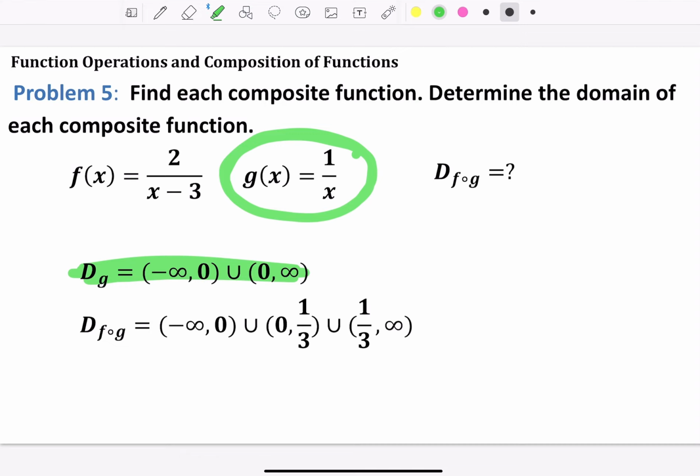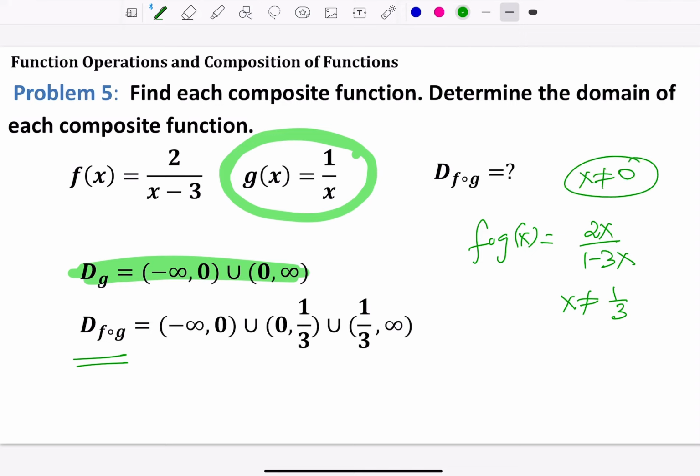Now f of g is 2x over 1 minus 3x, and the not-allowed x value here is x cannot equal 1/3. So the domain of f of g in this case excludes x equal to 0 and x equal to 1/3. Other than that, all real numbers: negative infinity to 0, union 0 to 1/3, union 1/3 to infinity.